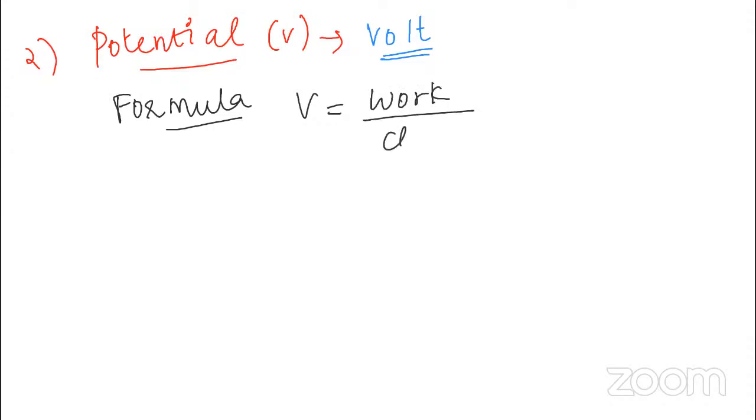Work is calculated by the formula F into D, or otherwise we directly write the dimensional formula for work, that is M L square T power minus 2, divided by charge.